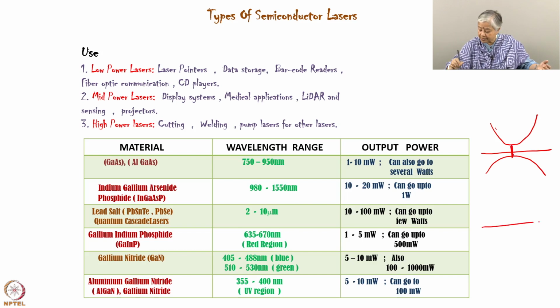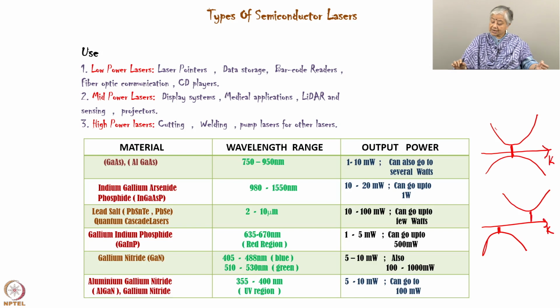An indirect band gap, which is silicon, the energy diagram will look something like this. The K levels of the topmost of the valence band and the bottommost of the conduction band are different in case of indirect. So, in case of indirect band gap, the probability of light emission is quite low.